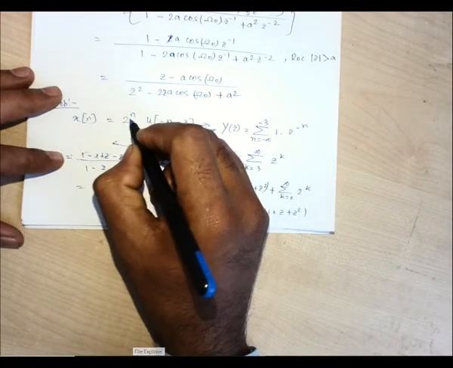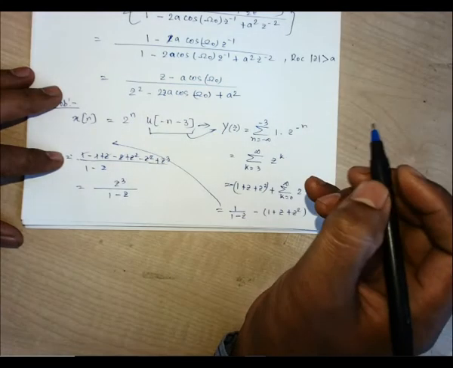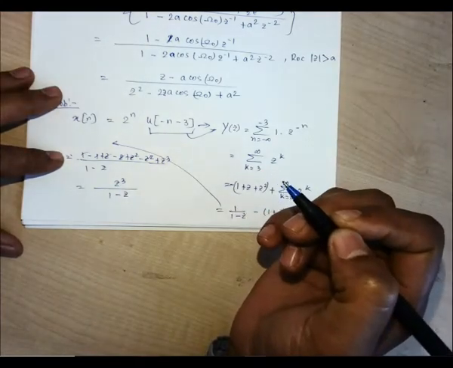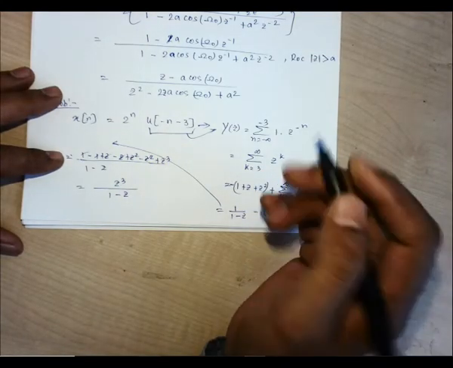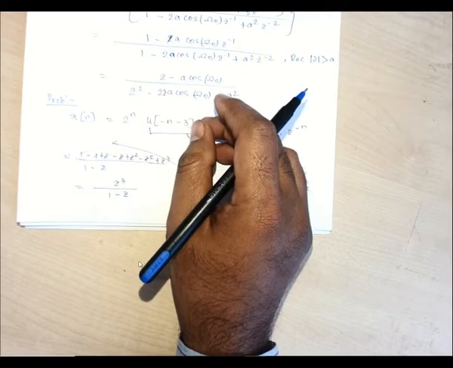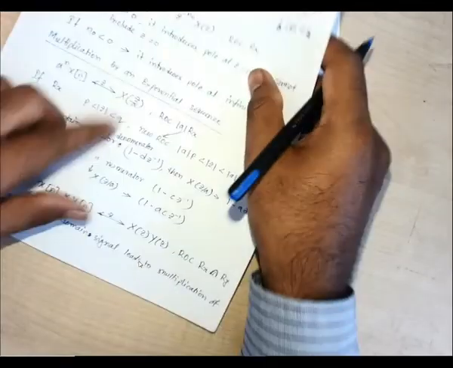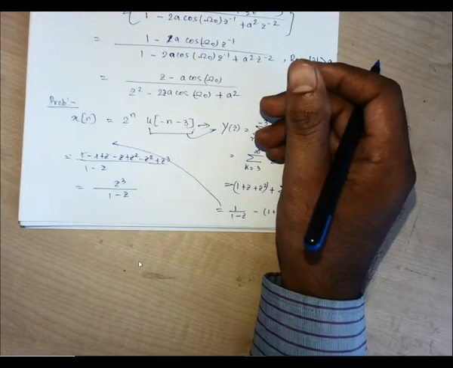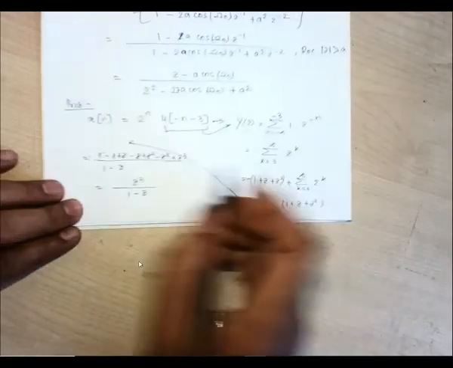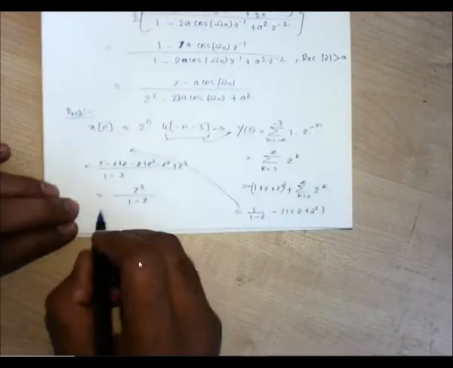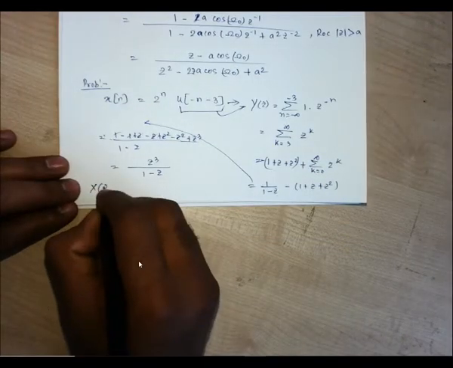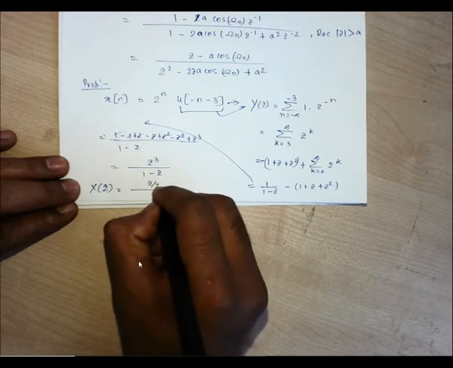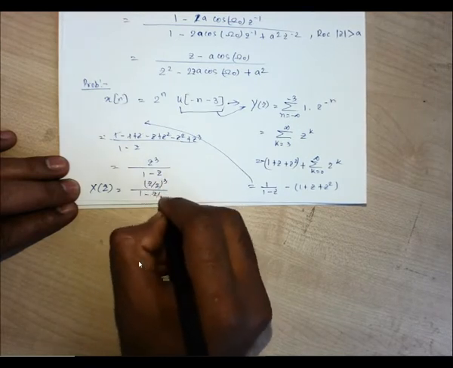Then it is supposed to be a to the power n into y of z. So what will happen, we will replace z by z by 2. We are supposed to replace this z by a. So x of z will become z by 2 whole cube by 1 minus z by 2.